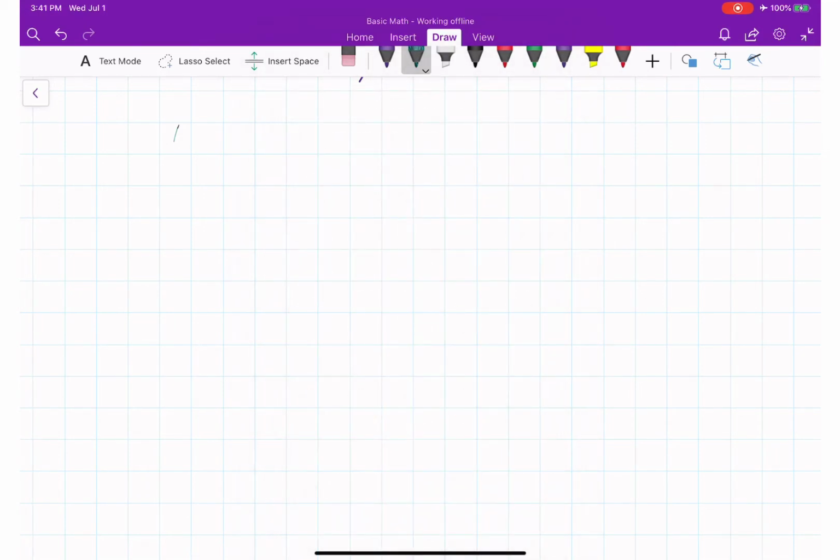So I have 1 over 8 plus 1 over 7. Okay? So the trick is, on the top you add 8 plus 7. At the bottom you multiply 8 times 7. 15 over 56.